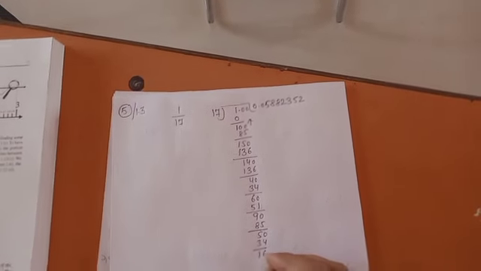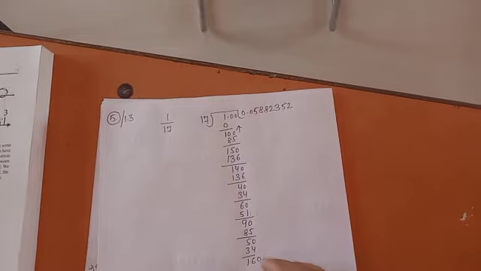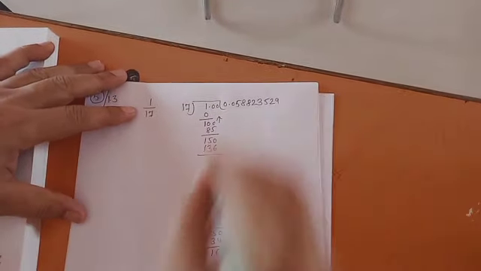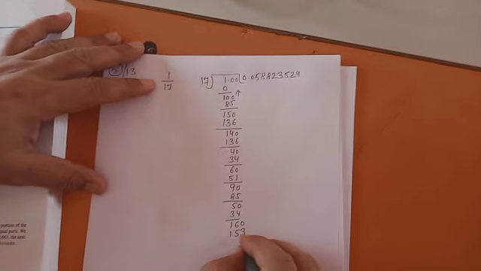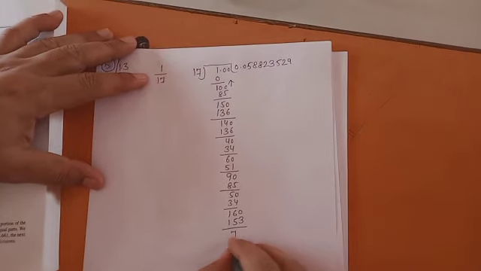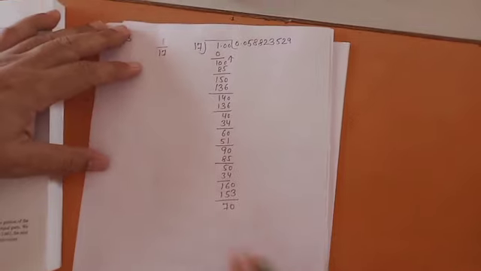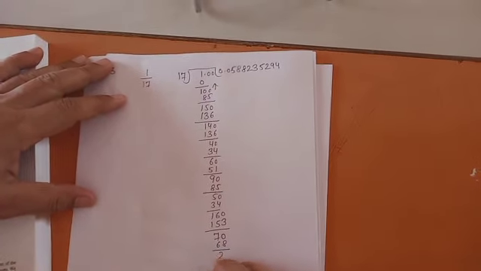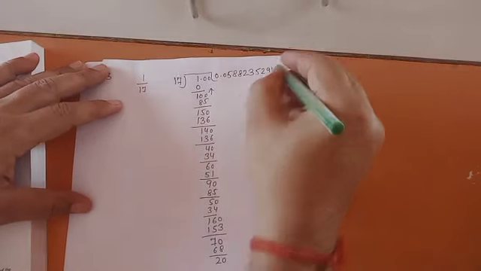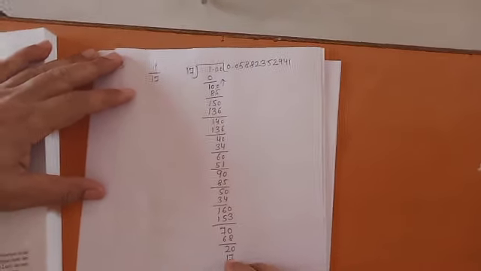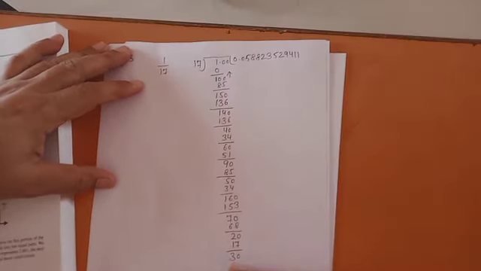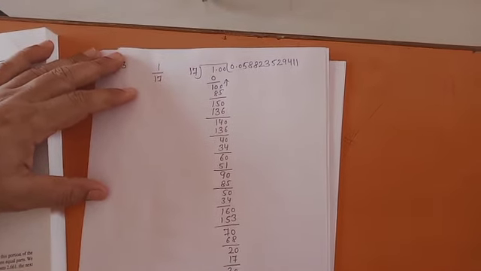Again what's coming? 0. 17 9s are 153. Yes or no? How much left? 7. 17 4s are 68. How much? 2. 17 1s are 17. 3. 17 1s are 17. How much? 13.